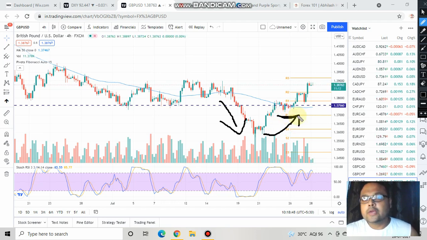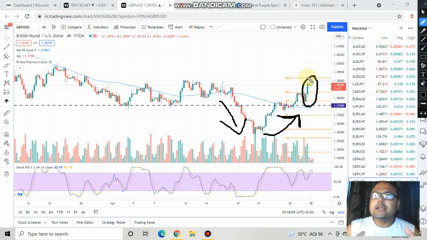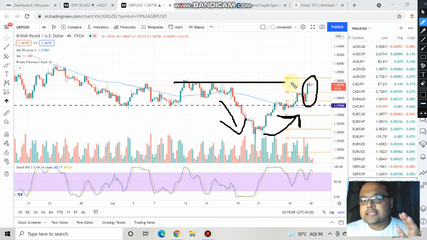Looking at this recovery and these green candles, it clearly suggests that buyers are present in the market, and still they are not in a mood to go down that easily. Though market is in overbought zone, though market is standing at the resistance, still market is not in the mood to go down that easily.